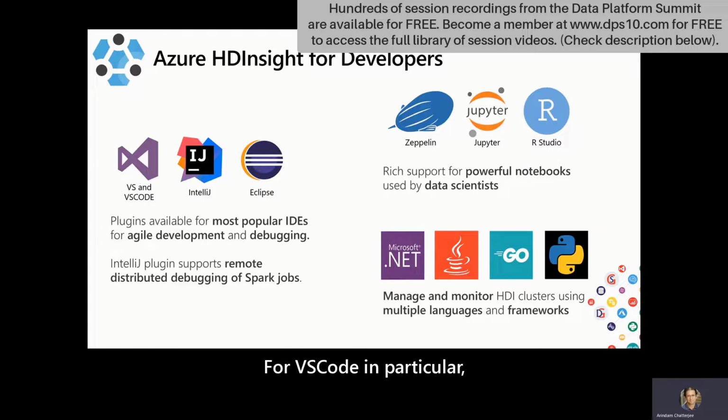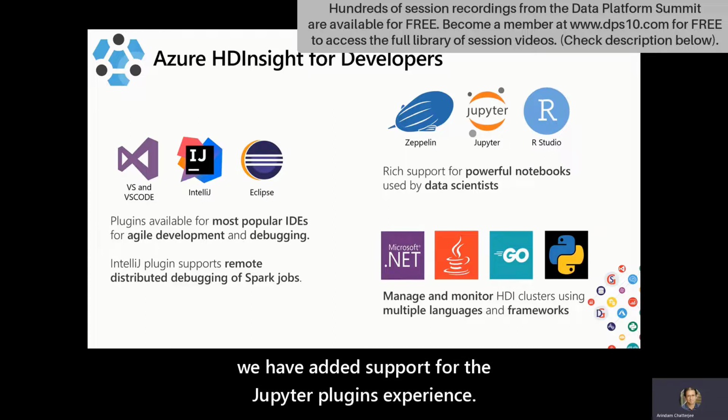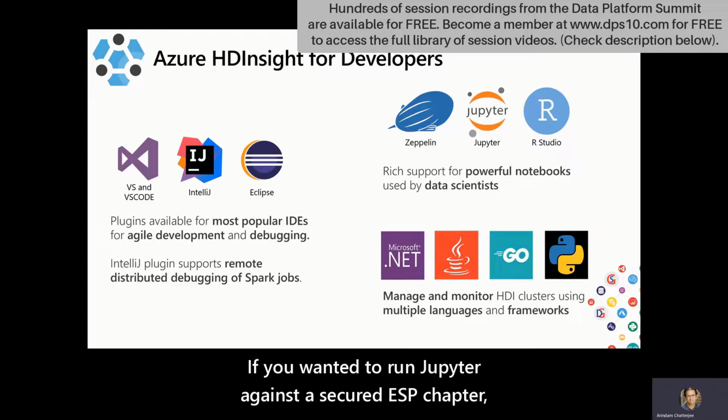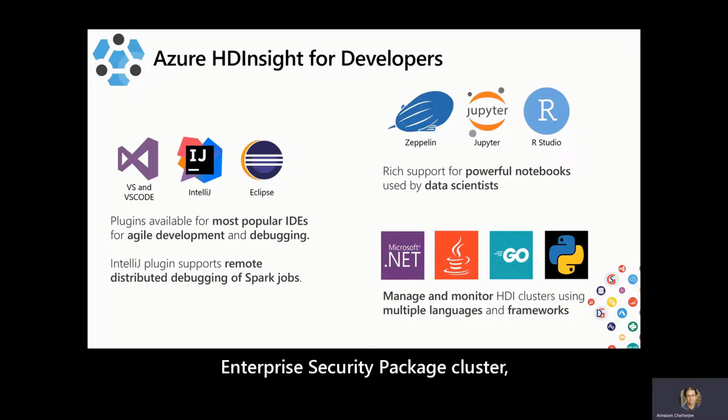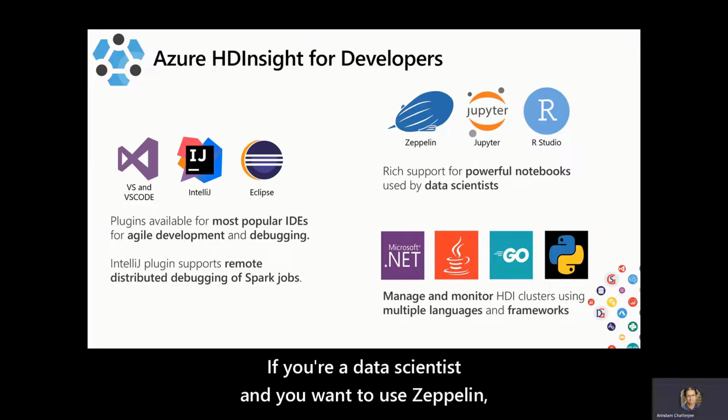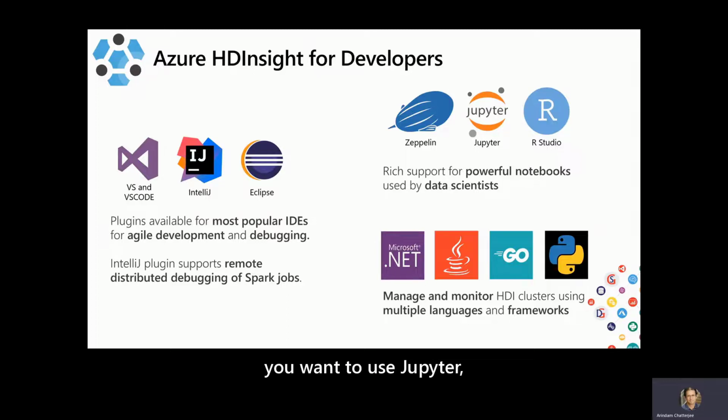For VS Code in particular, we have added support for the Jupyter plugins experience. And so if you wanted to run Jupyter against a secure ESP cluster, enterprise security package cluster, you can do that using VS Code. If you're a data scientist and you want to use Zeppelin, you want to use Jupyter, we support both notebook formats. RStudio is available as well if that's what you choose to use.